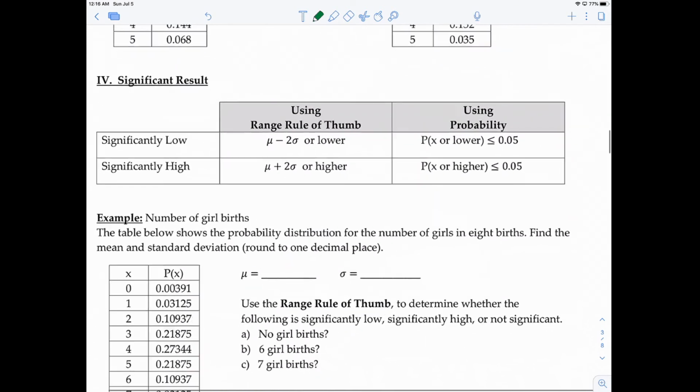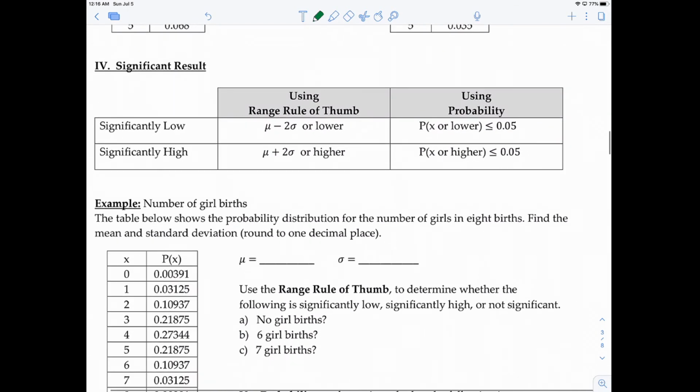All right, so the next concept in 5-1 is significant results. So this is moving into something that's very important moving forward. So in any statistical study, we want to recognize significant results, right? Whether something is significantly low or if something is significantly high. And we've already looked at one method with using the range rule of thumb, right?